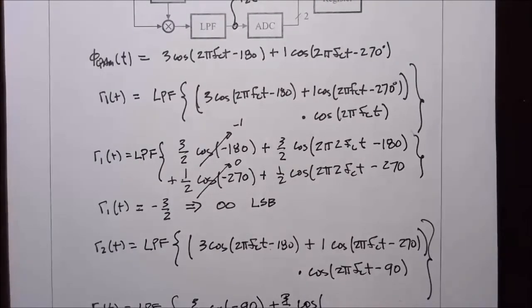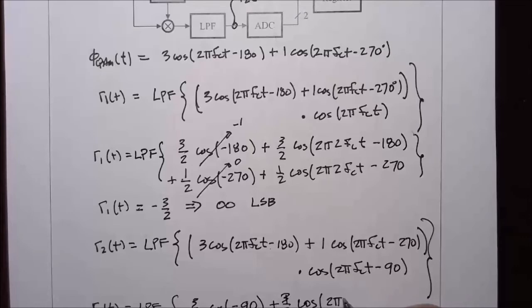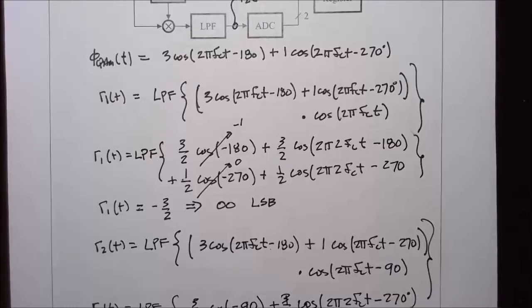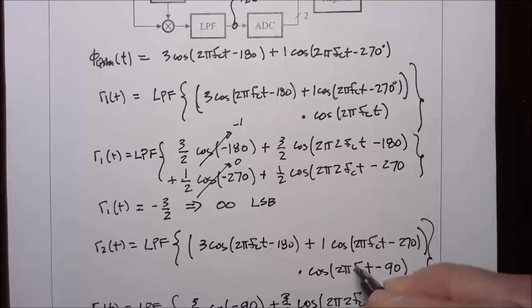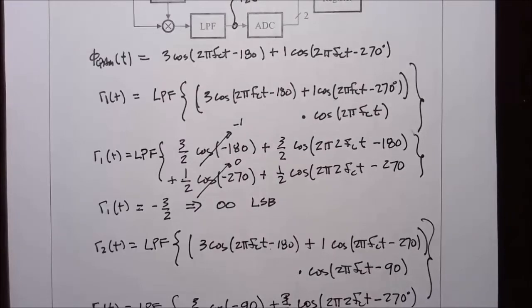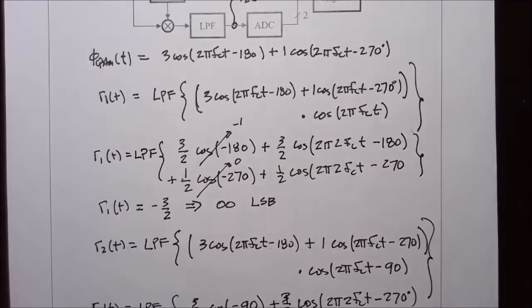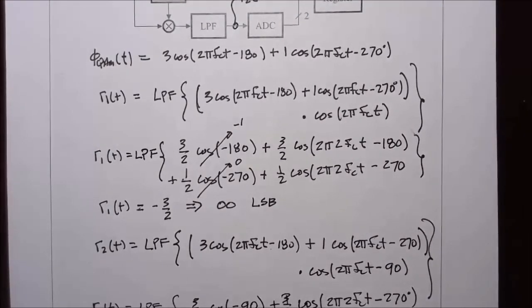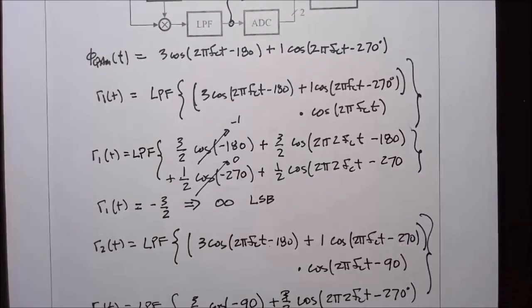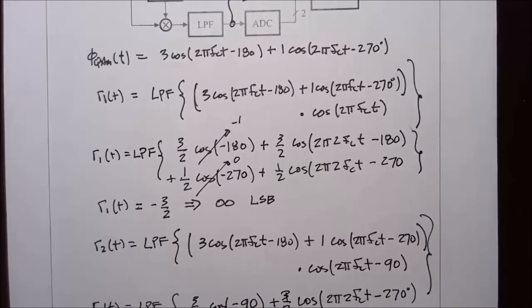plus 3/2 cosine of the sum of the angles, 2 pi times 2 FCT minus 270 degrees, plus for the other cosine times a cosine is 1/2 cosine the difference of the angles, minus 270 plus 90 would give us minus 180 degrees, plus 1/2 cosine of the sum, and that looks like minus 360 degrees.